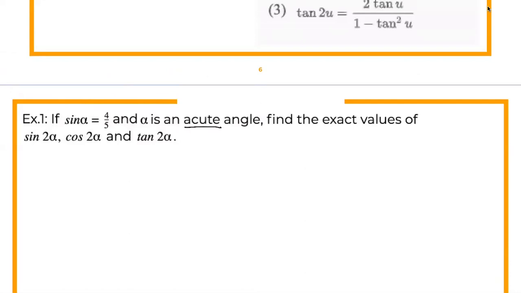Less than 90 degrees? Yeah, it's going to be between 0 and 90 degrees. Okay. Well, if I double that angle to get 2 alpha, how big does 2 alpha have to be? Like, what does 2 alpha have to be between?